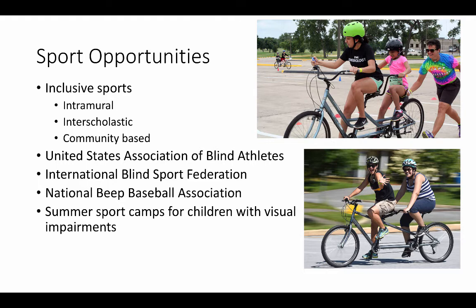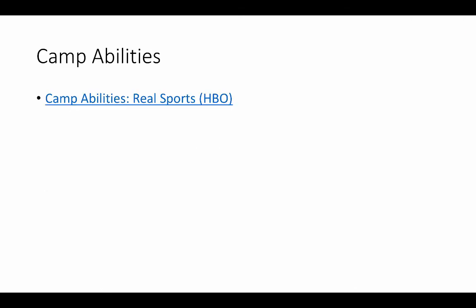There's also the International Blind Sports Federation. There's the National Beep Baseball Association. And there are also numerous different summer camps for children with vision loss. The one that I work with is Capabilities, and you can see a couple of pictures here about tandem biking.